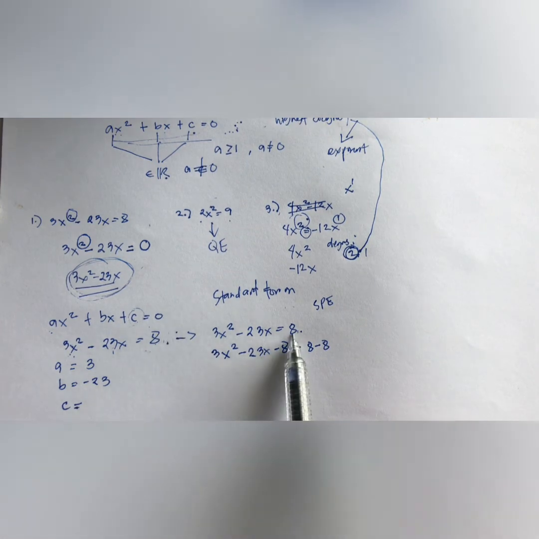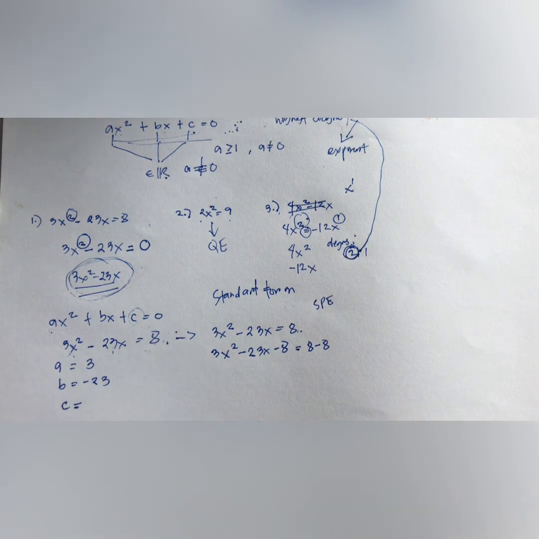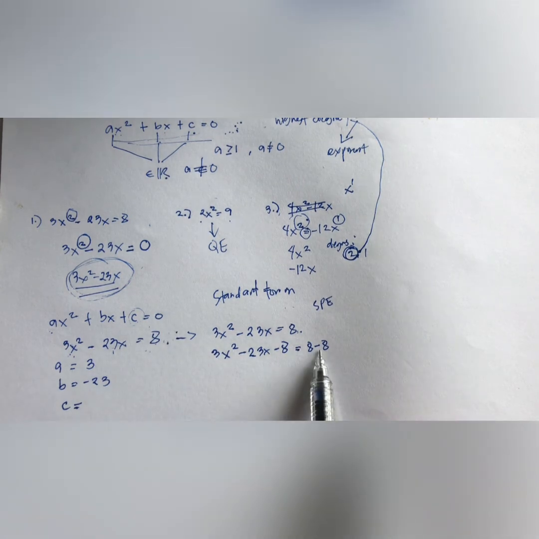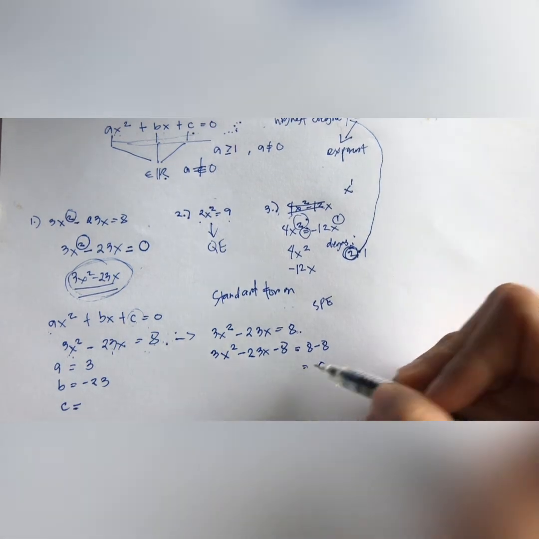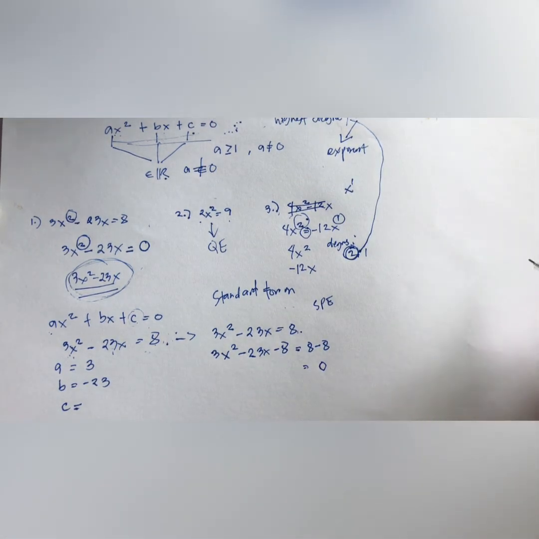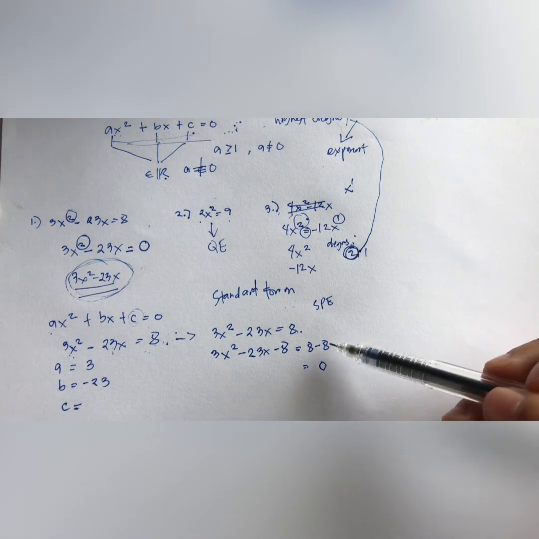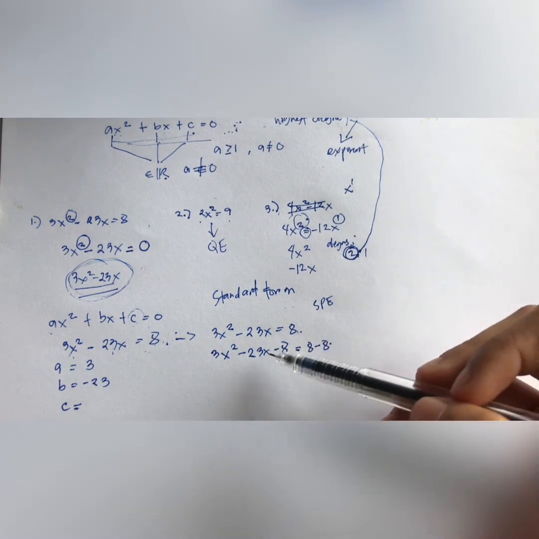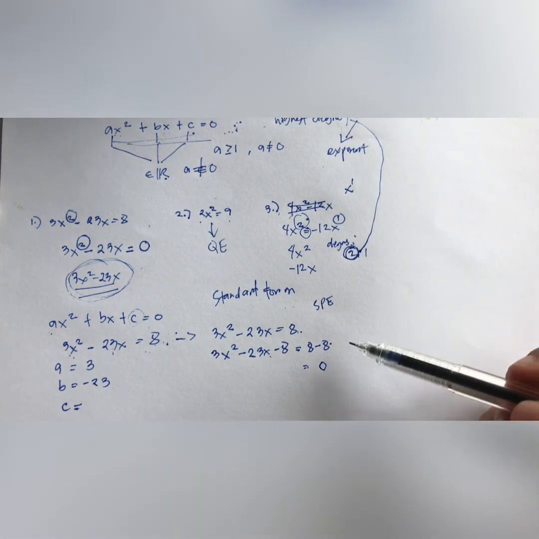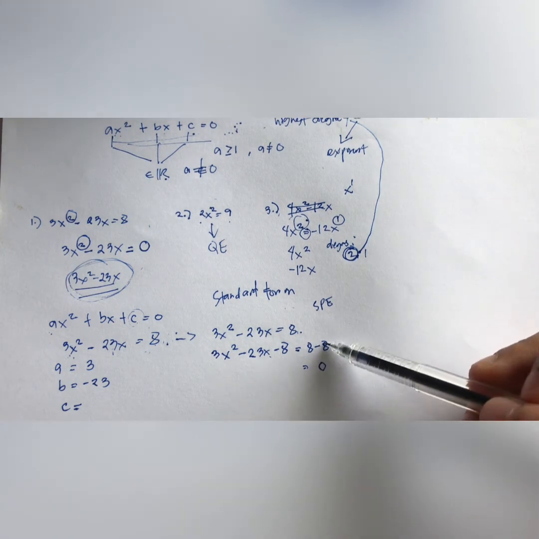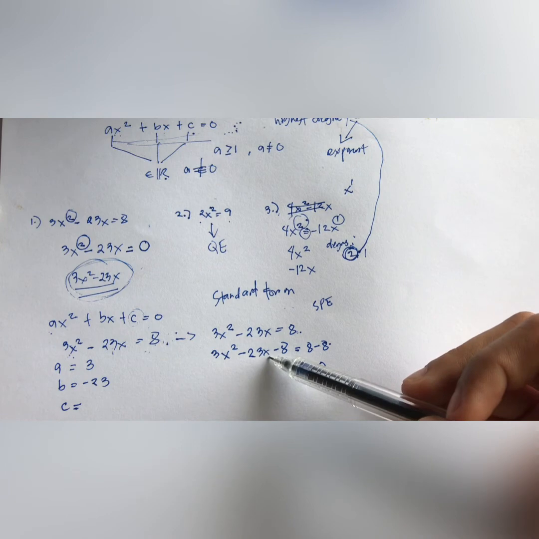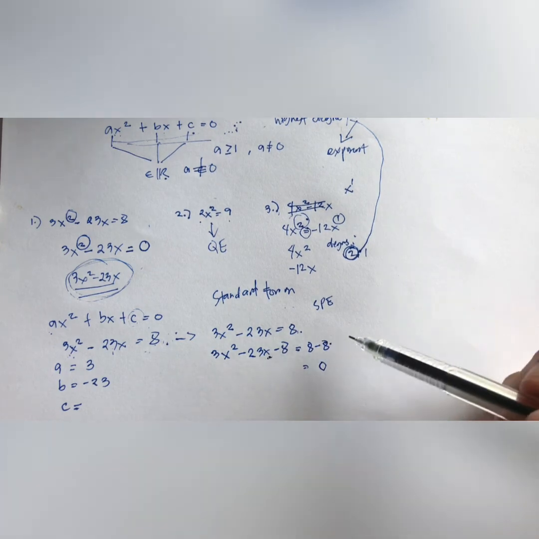Aron mahimo siya ng 0, ato ning subtract-on. So ang ato gibuhat, nag-subtract kita ng 8 to make it 0. Now note that sa rule sa mathematics, kung unsay imo idugang sa left side, maoy imong idugang sa right side. Ug kung unsay imong idugang sa right side, maoy imong idugang sa left side.